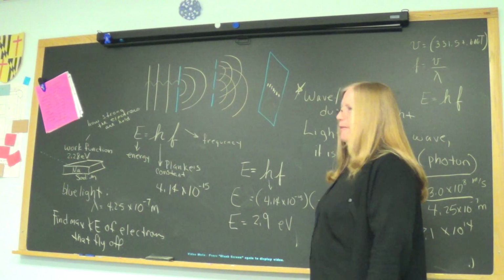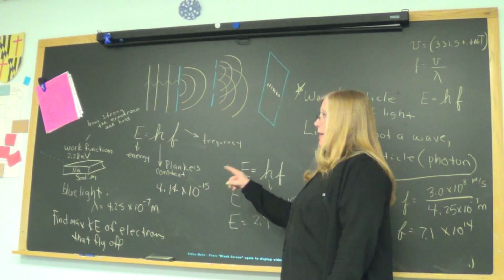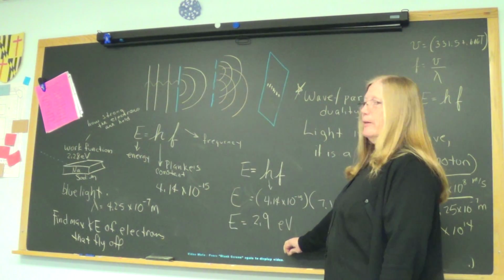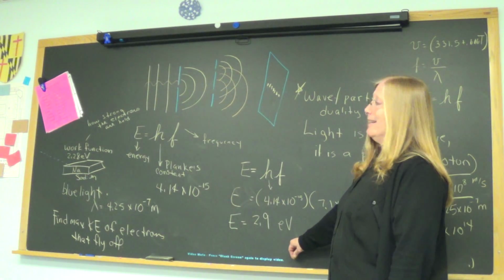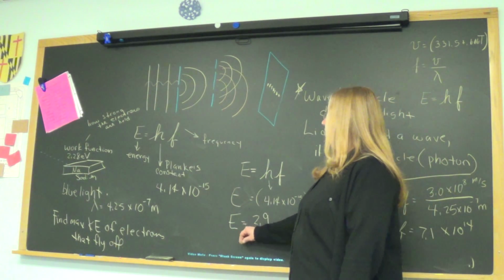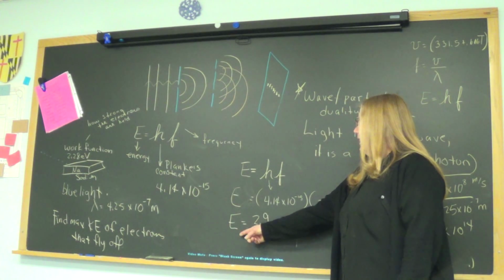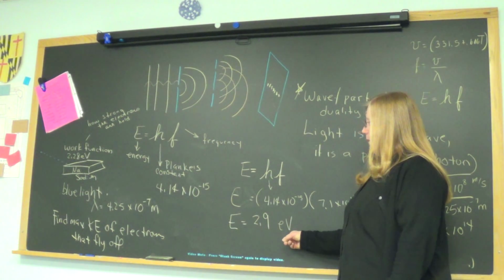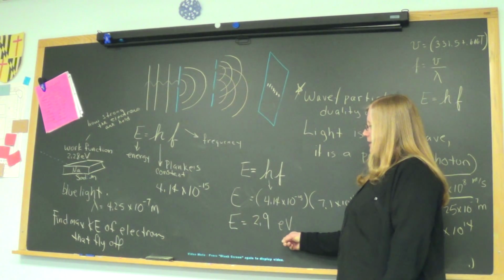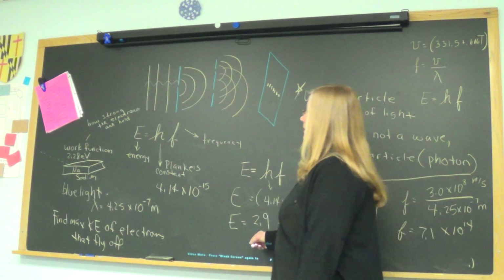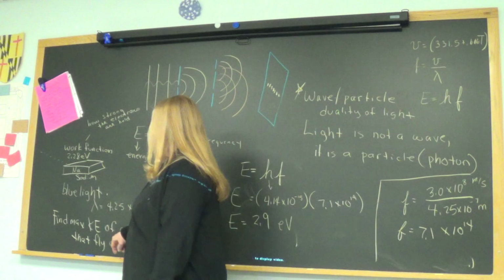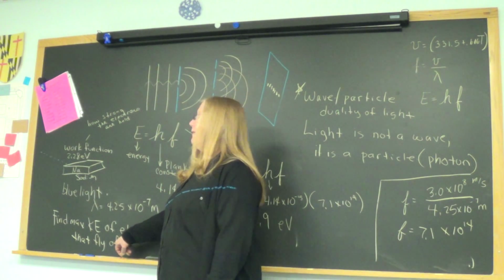That is an amount of energy. When we're talking about these things, it's a new unit. We'll only use it today, I think. It's the unit for this kind of work. So the energy is 2.9 e-volts, but that is not the final answer because we want to know the maximum energy of the electrons that flew off.